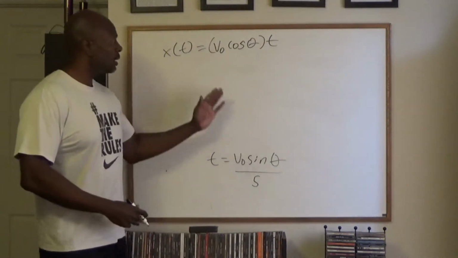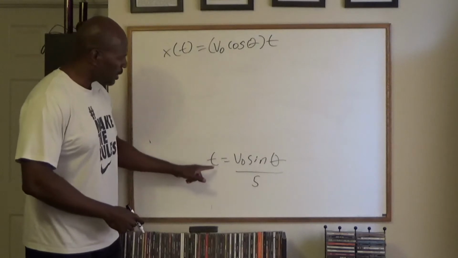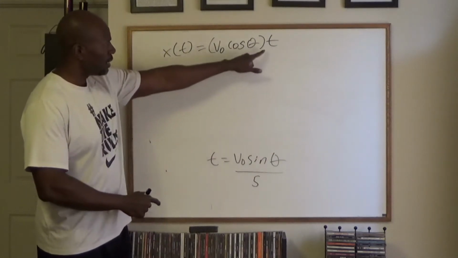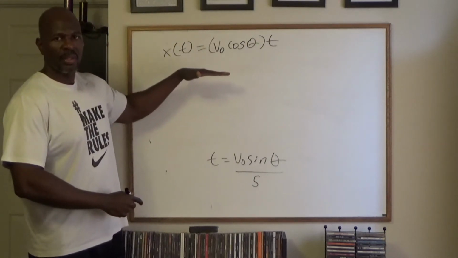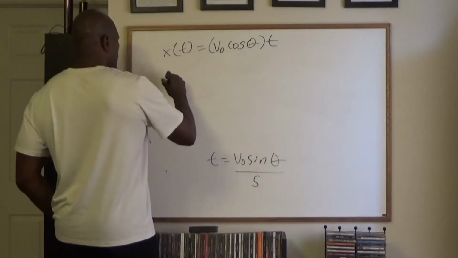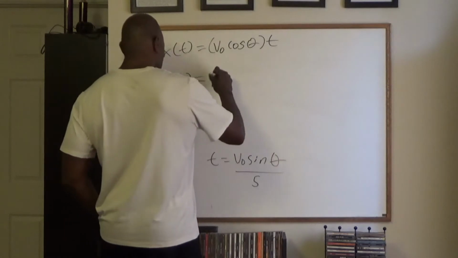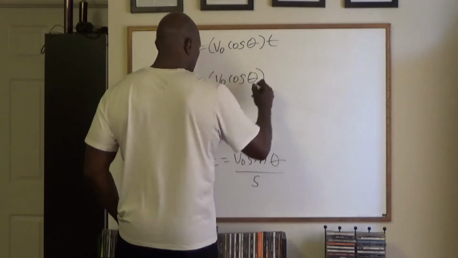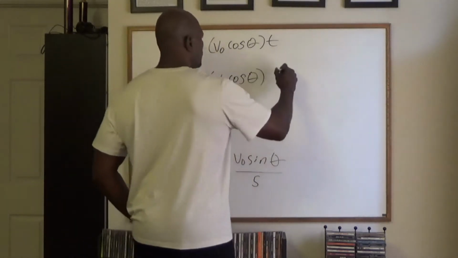Again, the problem was I have this variable t. Well, here I have t in terms of theta, so I'm going to substitute this value of t into here, and that'll make this function in terms of theta and no longer in terms of theta and t. So I'll call this x of theta now, and this will be V naught cosine theta times V naught sine theta divided by 5.